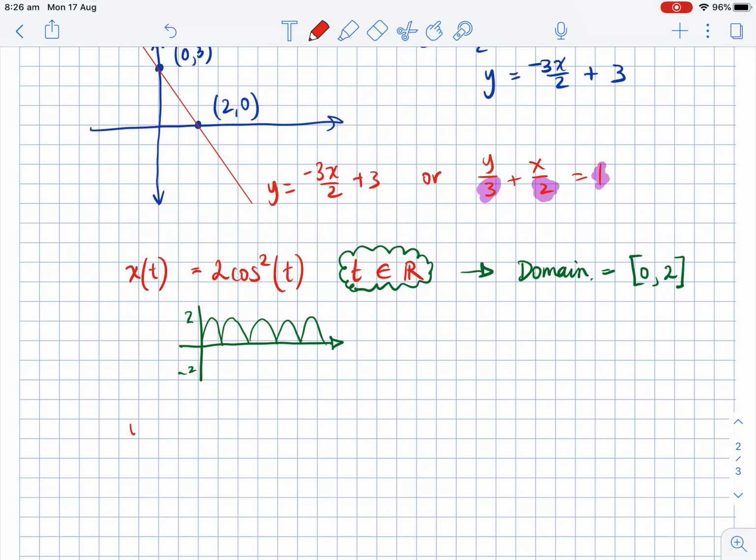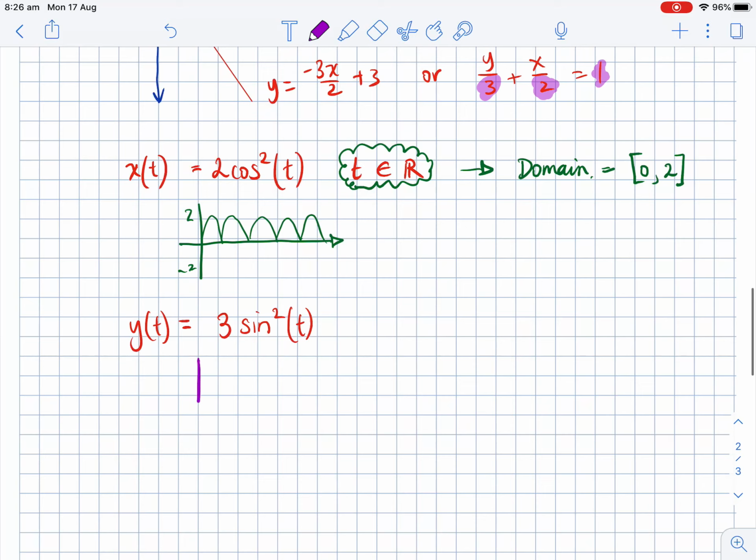Let's have a look at our y values. So y was 3 sine squared t. And again, we're going to have a look at the graph here. So 3 sine squared normally looks like this. Oh, sorry, that's without the squared. When I square it, all of my negative values become positive values.